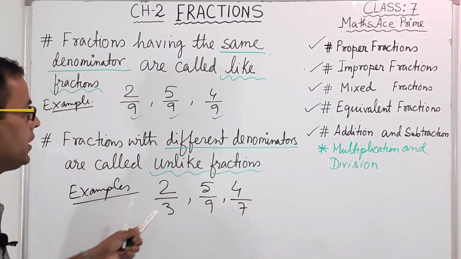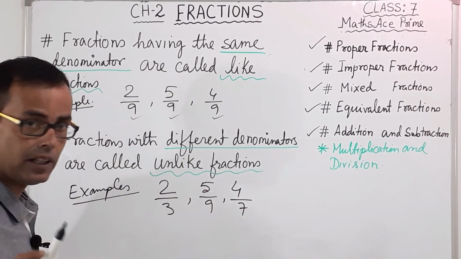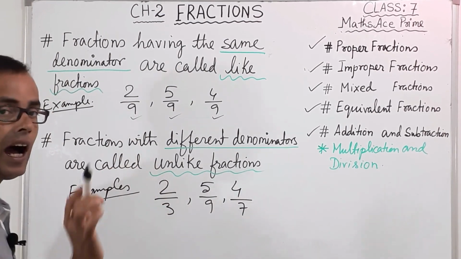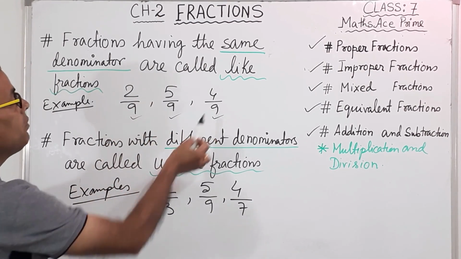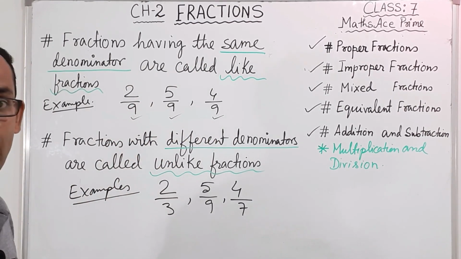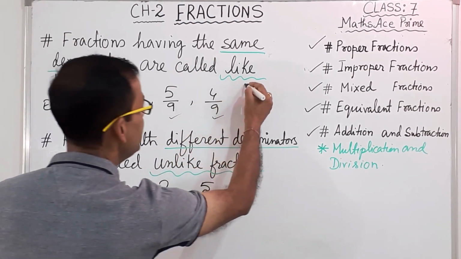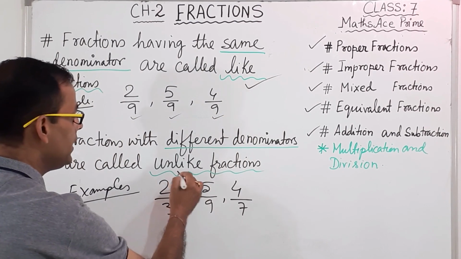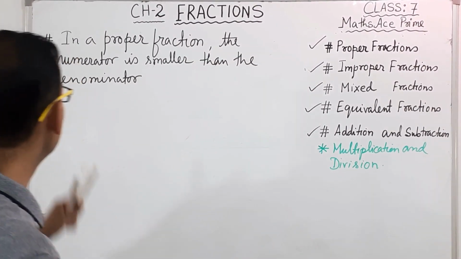Now look, the denominators are not the same, they are different. So they are called unlike fractions, and here the denominators are all the same, so they are known as like fractions. So I think you have understood the meaning of like fractions and unlike fractions.